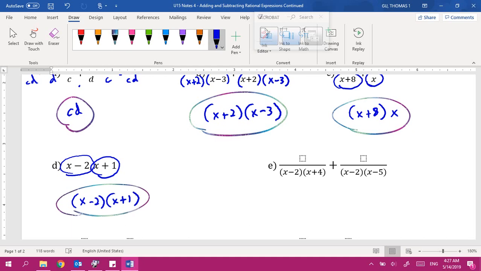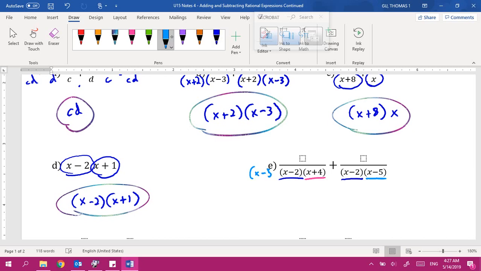So then look at E. We're applying this concept a little further. Now, there's two factors in each denominator. So all we have to look at is what is one denominator missing compared to the other one. Let's look at this denominator here. It's got x minus 2, when we use colors you can really see it, and x plus 4, right? The second denominator has x minus 2 as well, with that same color, but it's got an x minus 5. So what is the denominator on the left missing? It's missing an x minus 5.